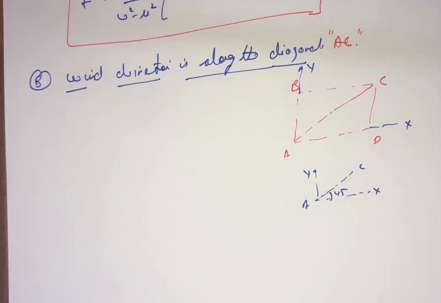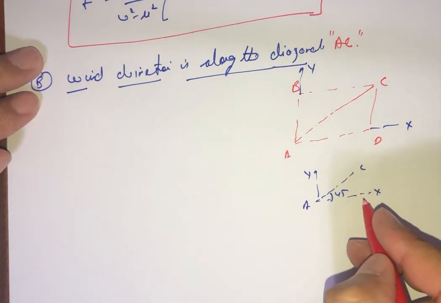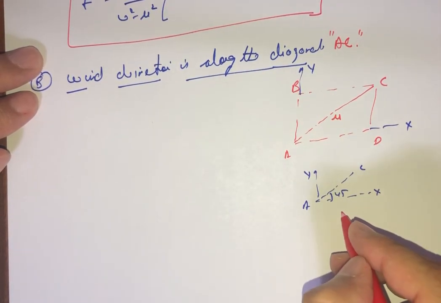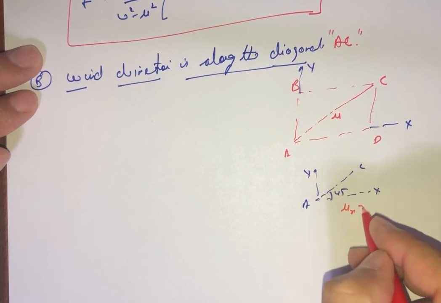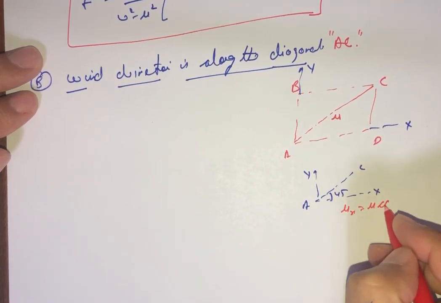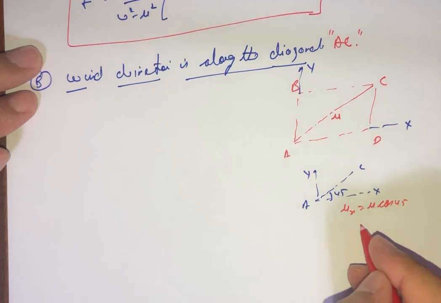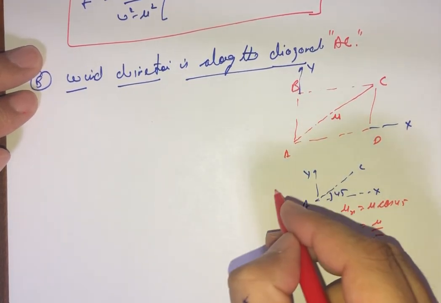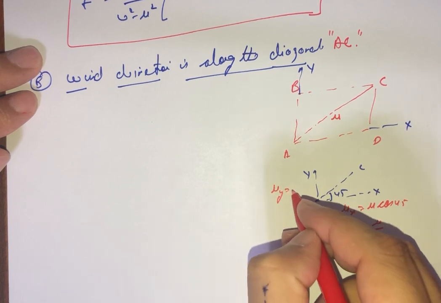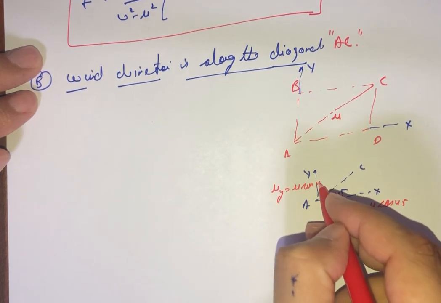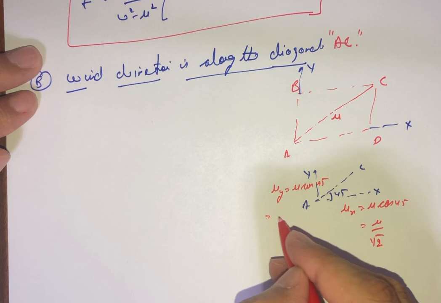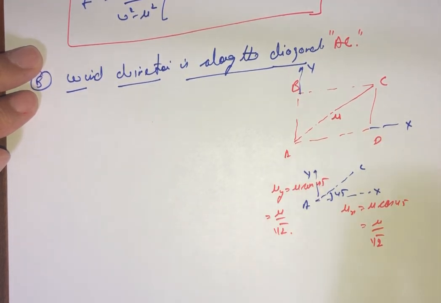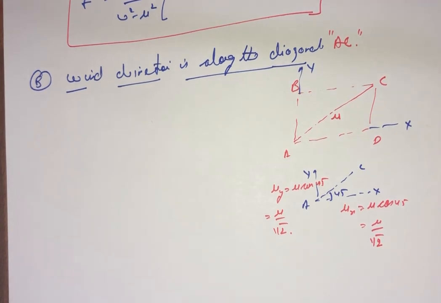So it is going to have two components and its velocity is given as u. Okay, so we can say that this component will be ux, which will equal u cos 45, or u divided by square root 2, and one component will be uy, that equals u sin 45, and this will be equal to u divided by square root of 2. So it is always going to have two components.